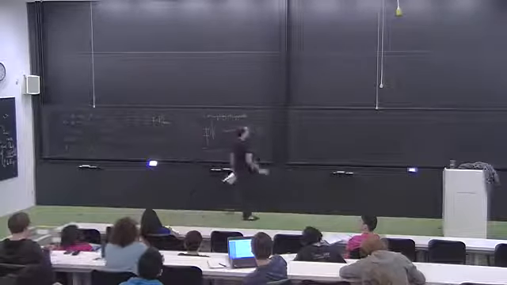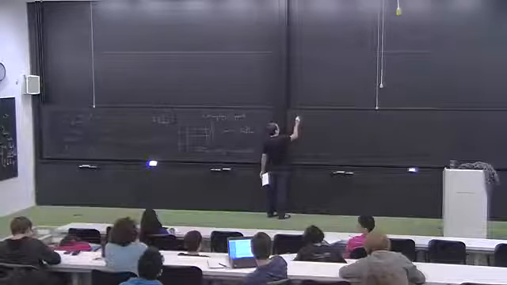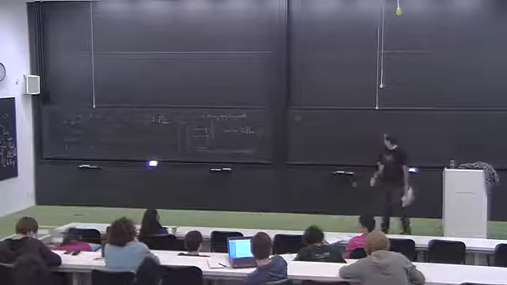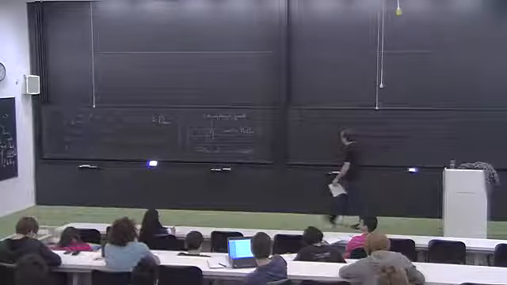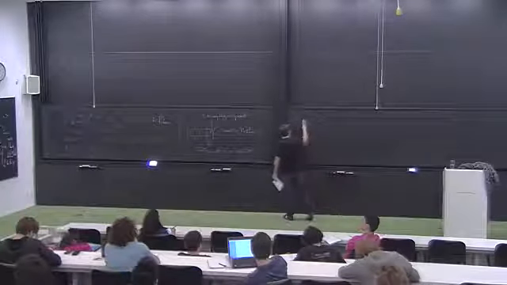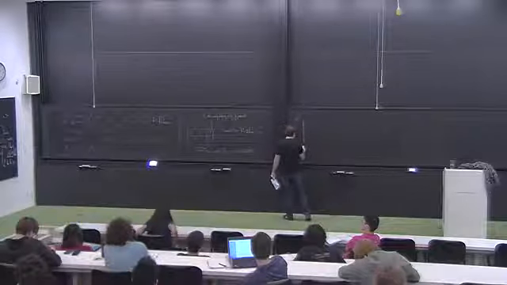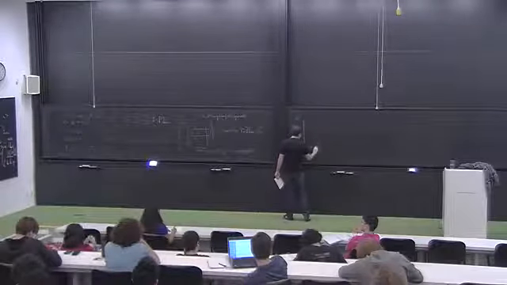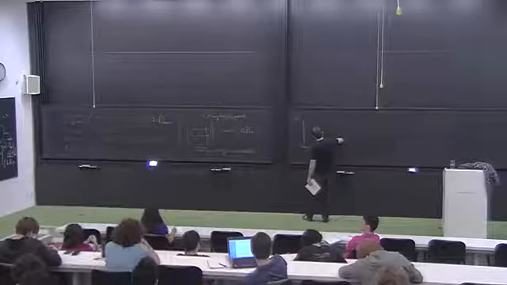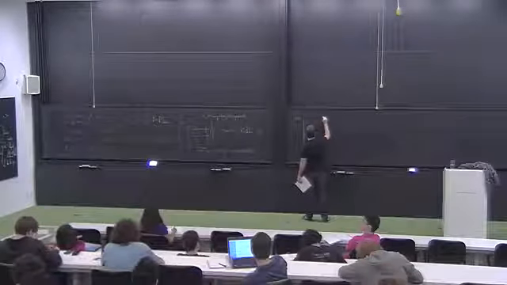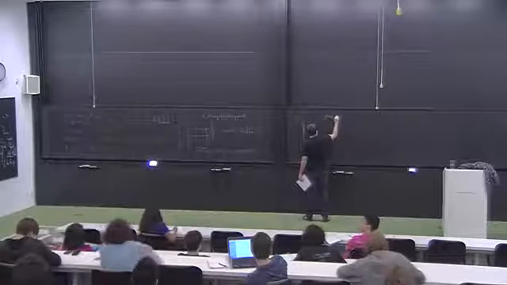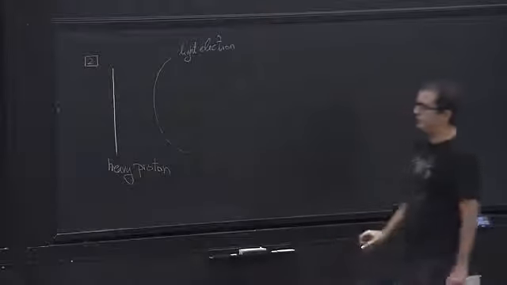Inspiration number two, which is related to this kind of idea. Number one, I like to consider another example, which is, suppose we want to consider an example where we have a heavy proton and here, passing by the heavy proton, we have a light electron.